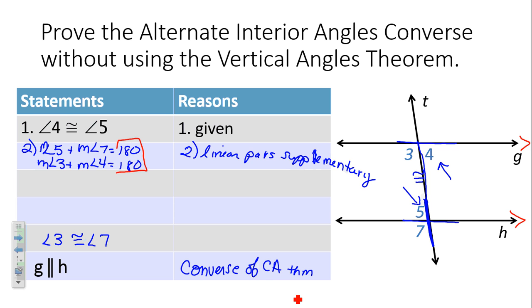Now, the right side, 180 equals 180, right? Substitution is going to say measure of 5 plus measure of 7 equals measure of 3 plus measure of 4. But they told us 4 equals 5. Well, if 4 equals 5, then can we put 4 into 5's spot?